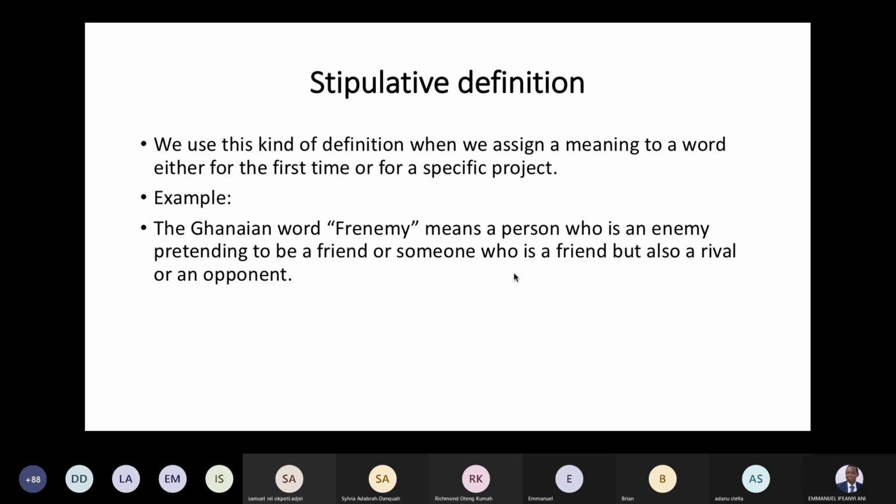That's how to formulate a stipulative definition. If you are undertaking a project, or if you are writing your thesis or your dissertation, and you are working on a certain topic, you want to use a certain word, but you find that the dictionary meaning of that word does not particularly fit what you want to do, you will find that you are tempted to formulate another definition that is more specific to what you want to do.